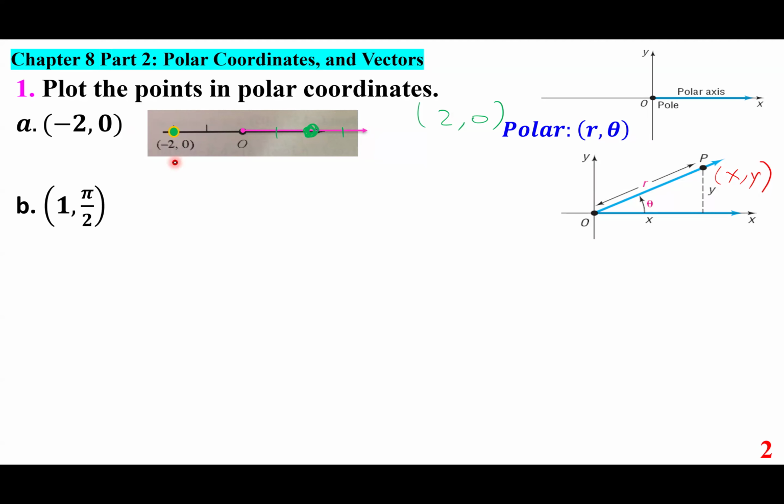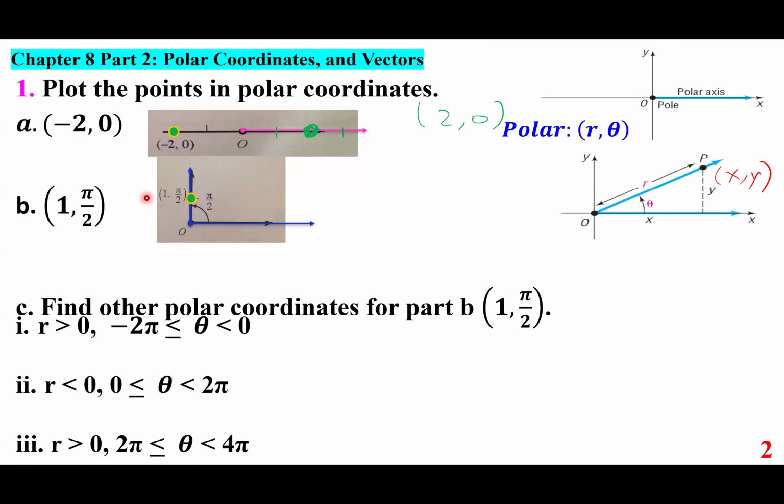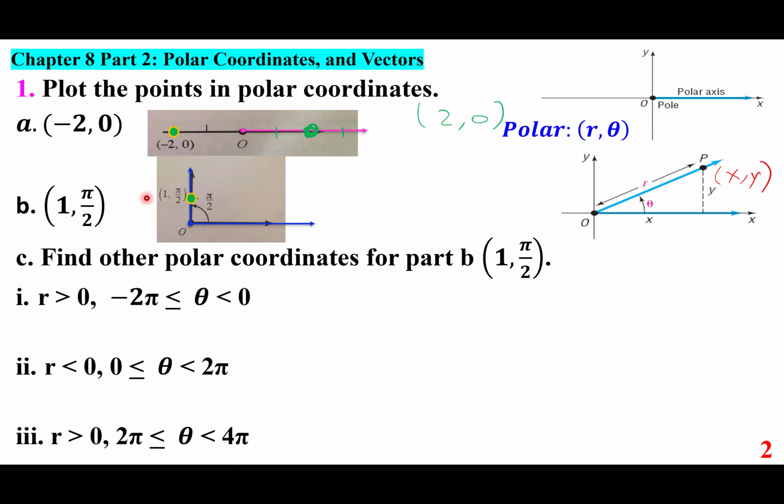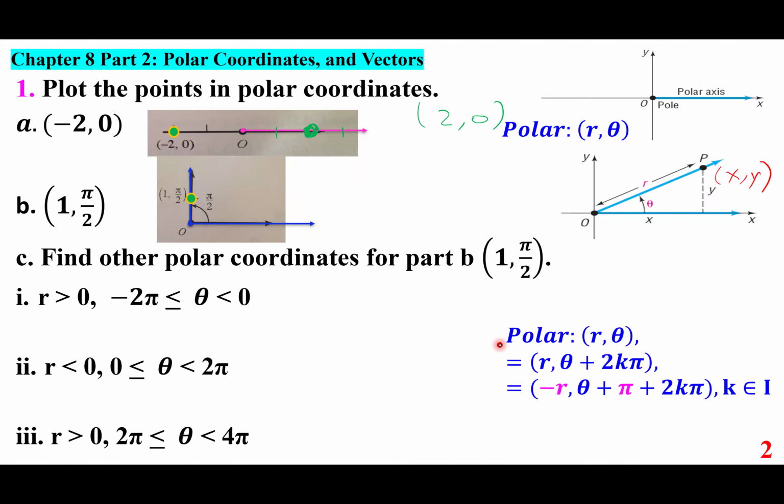Now, what about this one? You have the polar axis, pi over 2 or 90 degrees. And how many tick marks? Only one. 1 comma pi over 2. Now, it's important to know, if we want to find other polar coordinates for part B, that polar coordinates are not unique.